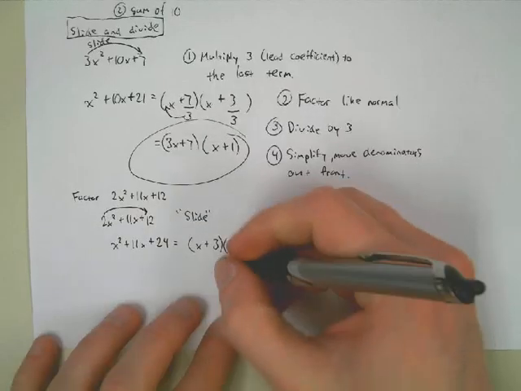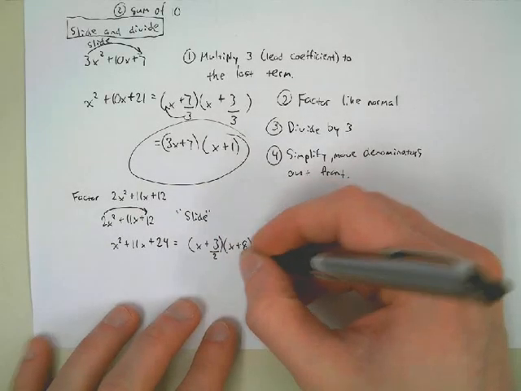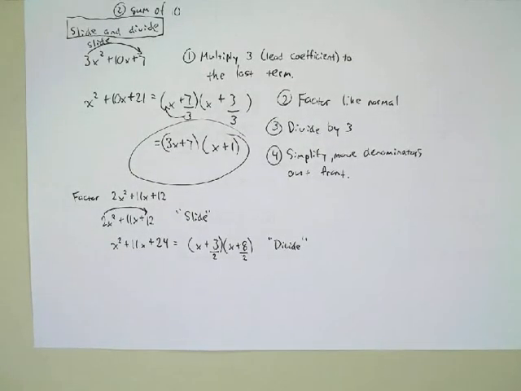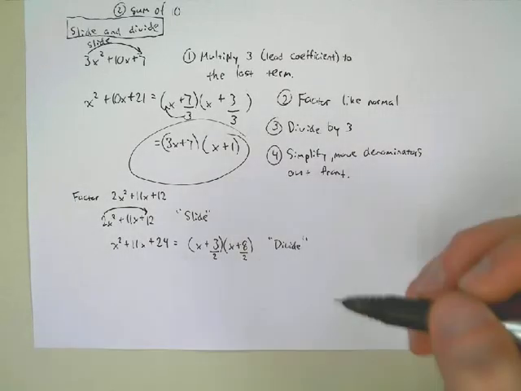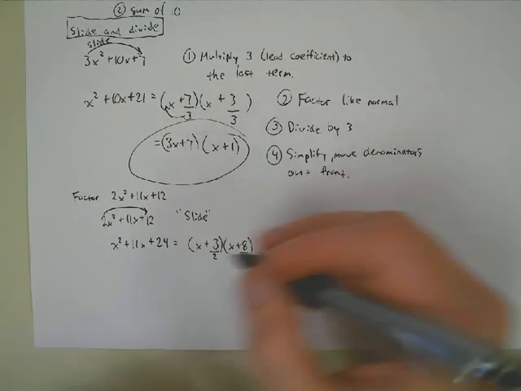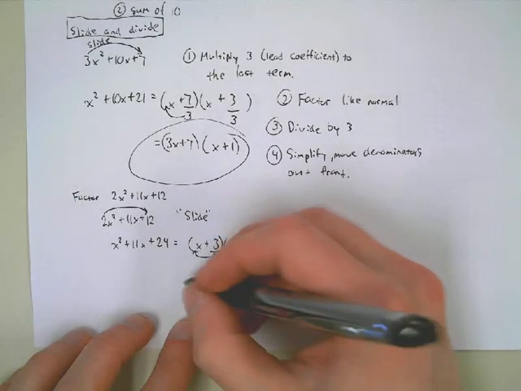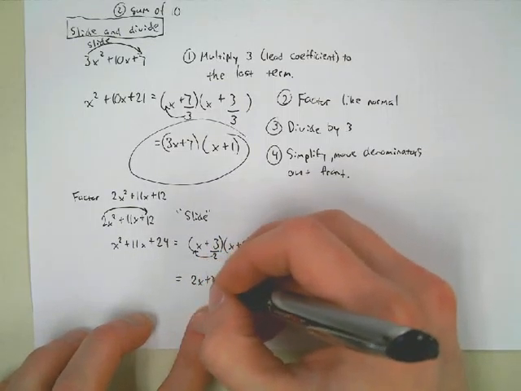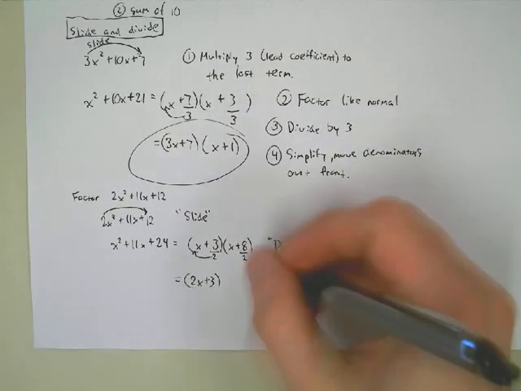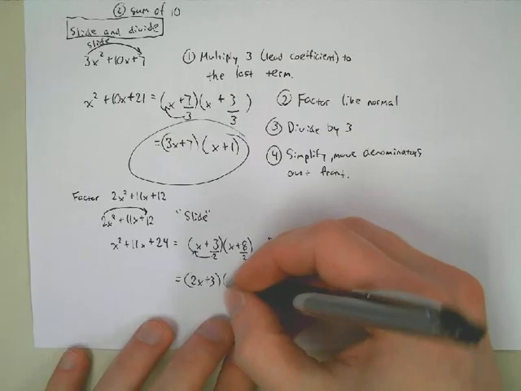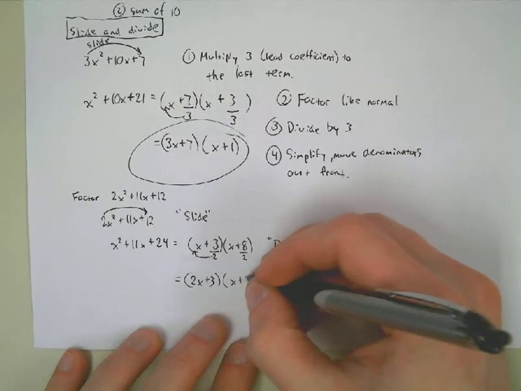And we get 2x plus 3. Does 8 divide by 2? Yes, so it's x plus 4. And this thing is equal to these two if you multiply them together. Is it okay if my second parentheses is 2x plus 3? Yeah, that's fine.